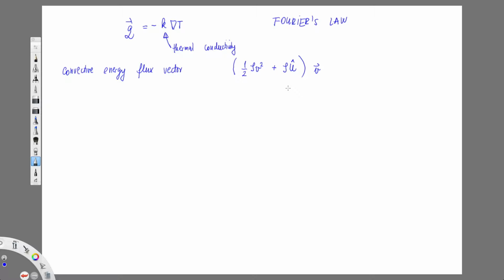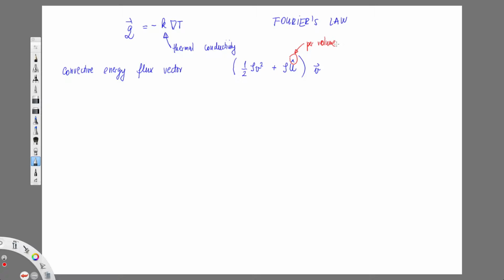So I'm normalizing things per volume. All right, so basically this is the convective energy flux vector.